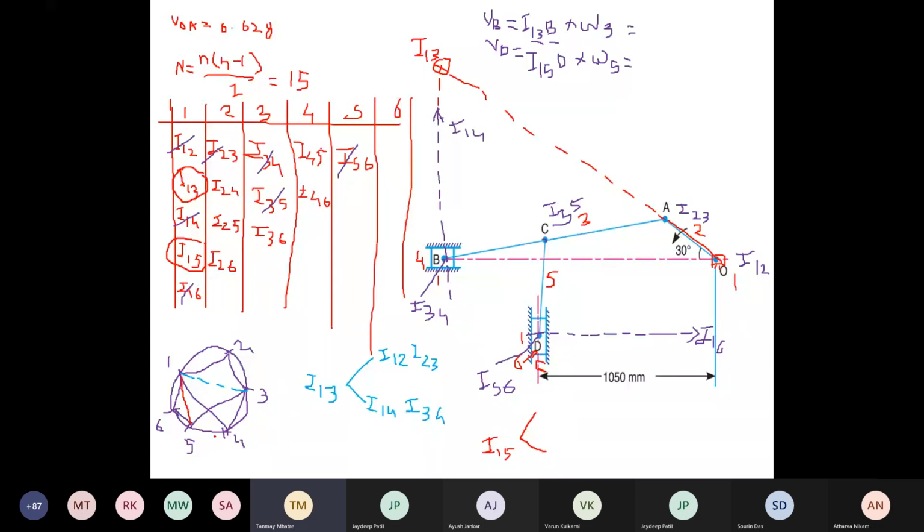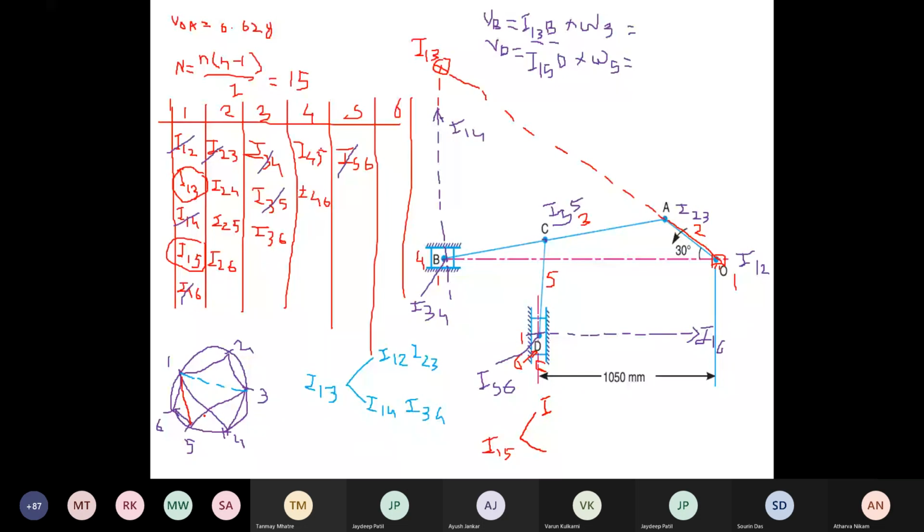Will 1 4 5 come? No, there is no line between 4 and 5.